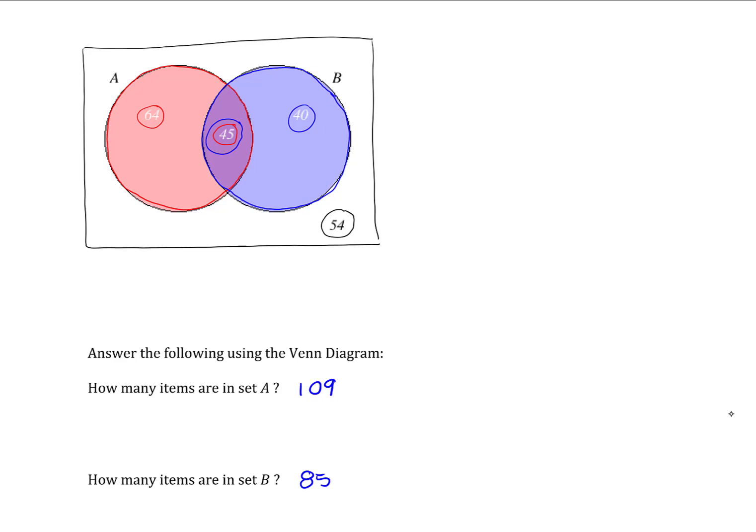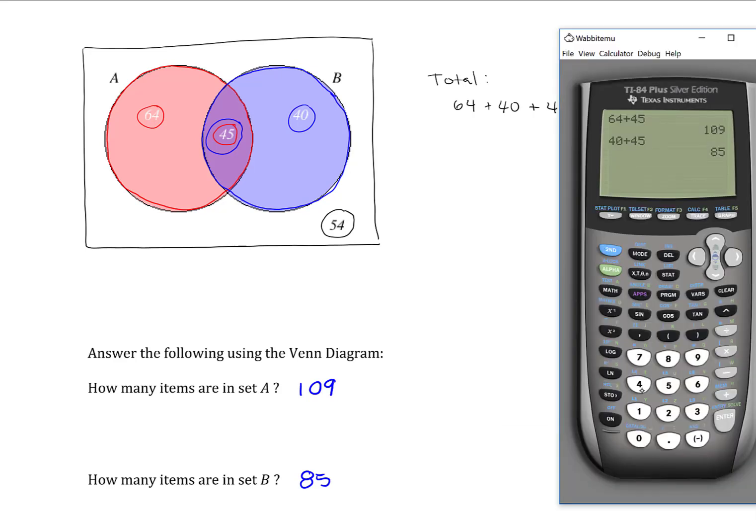All right, so the total number of items, we have 64 items only in set A, plus 40 items only in set B, plus 45 in both set A and set B. We want to make sure to not count those twice. And then we have 54 items, which are outside of those groups.